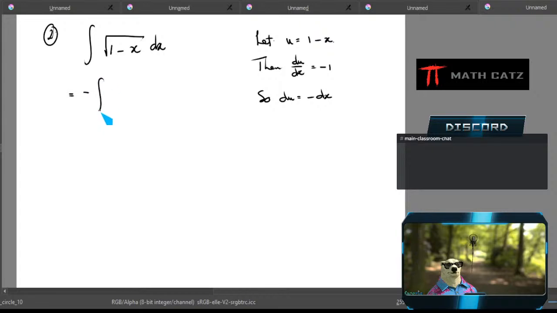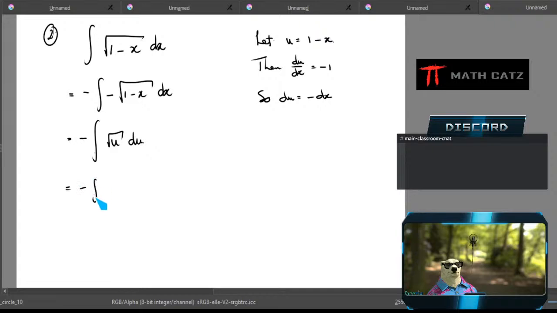So I will balance that with a couple of negatives, because they will cancel each other and give me the same answer as before. So the first negative out there is just the price I pay to bring in this negative. Now I have the root u and the du, because the negative dx becomes du.